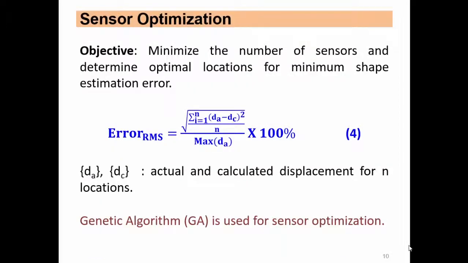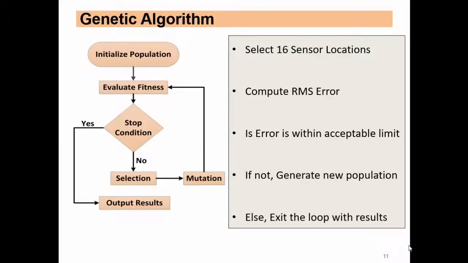For the sensor optimization, we will be estimating the error. The RMS error is calculated like this, where dA is the actual and dC is the calculated displacement. The genetic algorithm is used for the sensor optimization. In a genetic algorithm, there is an initial population, which means we randomly select some sensor places and calculate the RMS error for those locations.